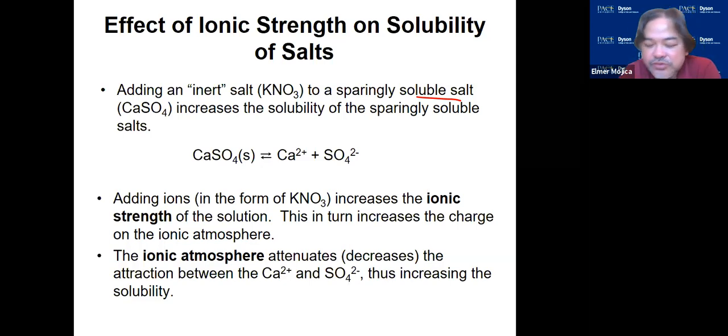But in Gen Chem 2, you learn that the statement that says insoluble is not really insoluble. Okay, it just tells you that the amount of the salt that dissolved is just so low, maybe milligram level, compared to the one that says soluble, which is gram level.